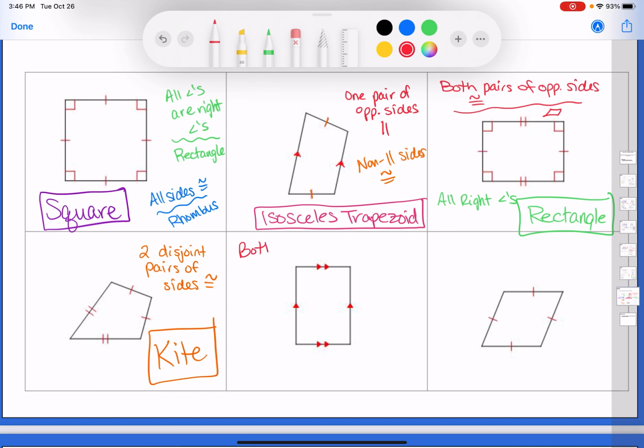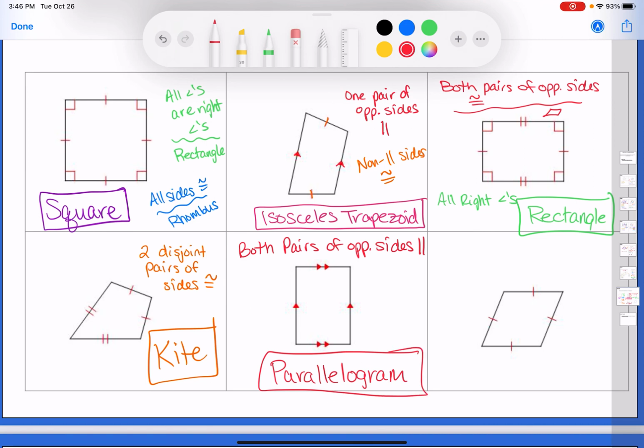Both pairs of opposite sides parallel. Both pairs of opposite sides parallel. That is a parallelogram. All right, and then my last one, the only thing I see here is that all sides are congruent. So if all sides are congruent, that must be a rhombus.